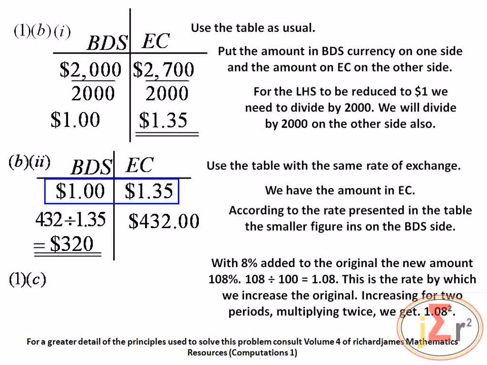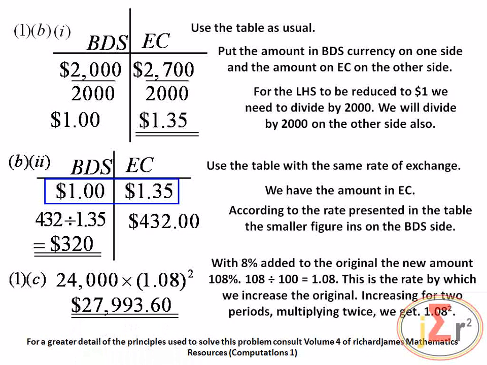So the original amount of money will be multiplied by the square of 1.08. 1.08 multiplied by 1.08 is equal to 1.08 squared, and that is what we have right there. Just use your calculator in this particular case, and the result turns out very quickly to be $27,993.60.